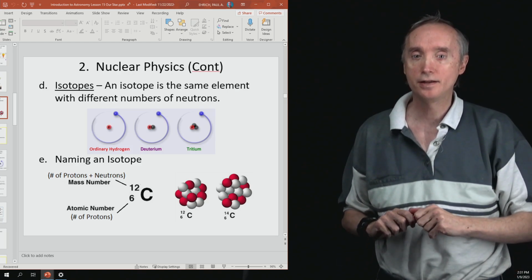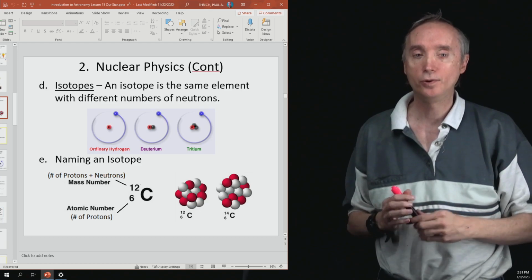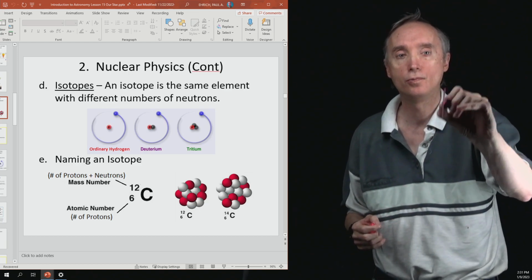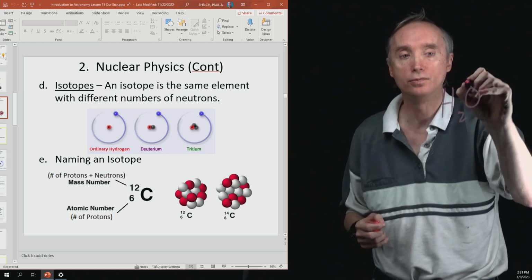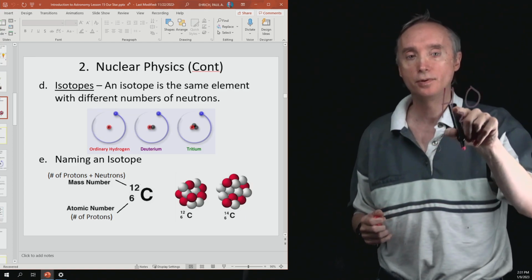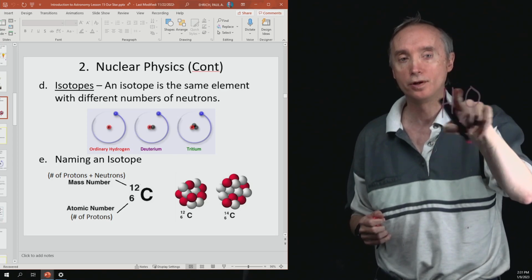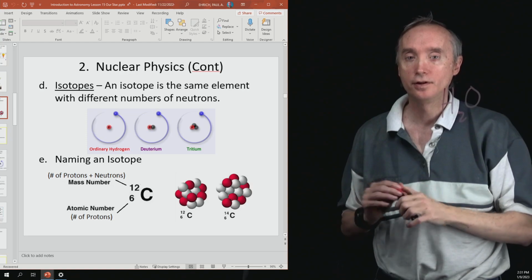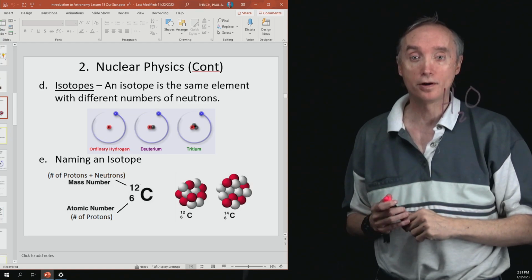Okay, now let's pretend, we know that water is H2O. So water is composed of two hydrogens and then one oxygen. So let's assume that we have two glasses of water.